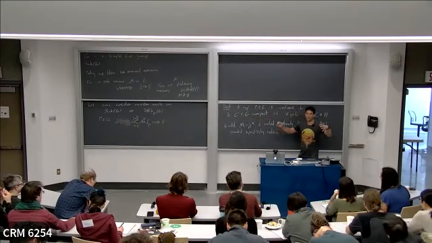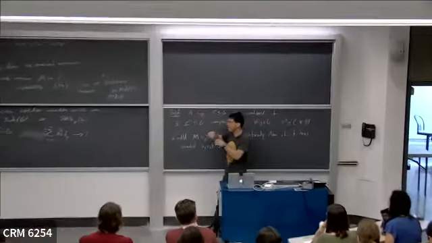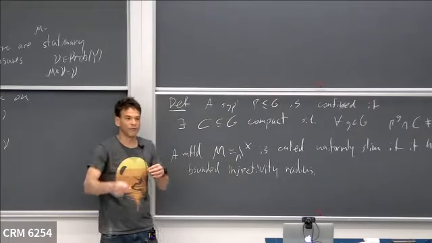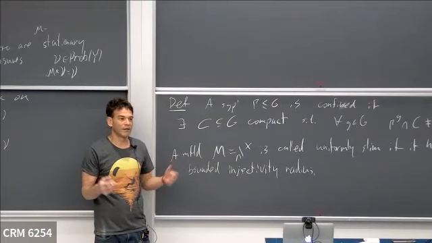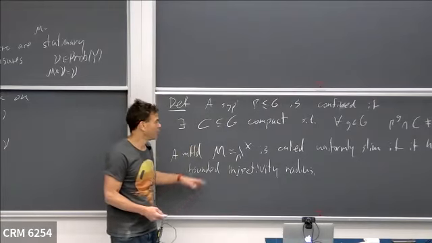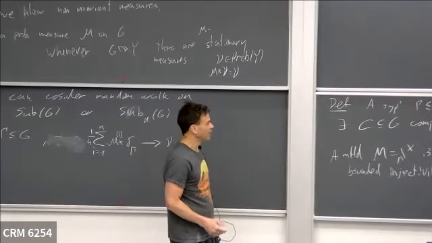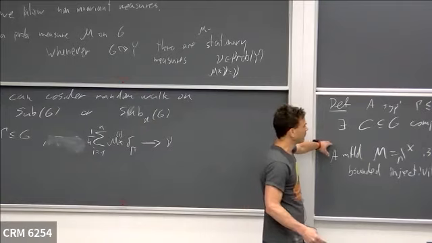So there is some R such that at any point in the manifold we have a non-trivial closed loop of length less than 2R. So in an R ball you cannot inject an R ball in this manifold. Then it's called uniformly thin.